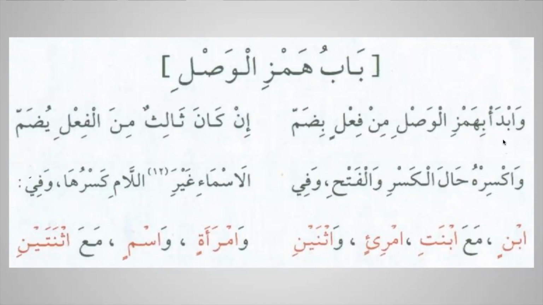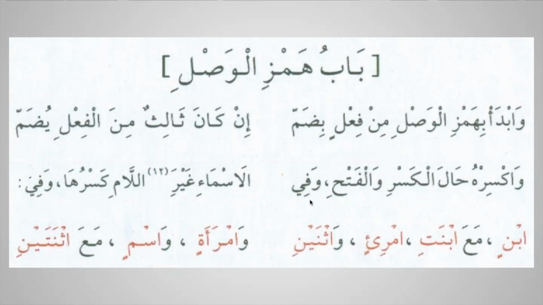Start off a word with hamzatul wasl if it's a verb with dhamma, if the third letter in the verb has a dhamma, then the hamzatul wasl will have a dhamma at the beginning. And put a kasra on the hamzatul wasl if the third letter has a kasra or a fatha on it. And that is only with regards to verbs.